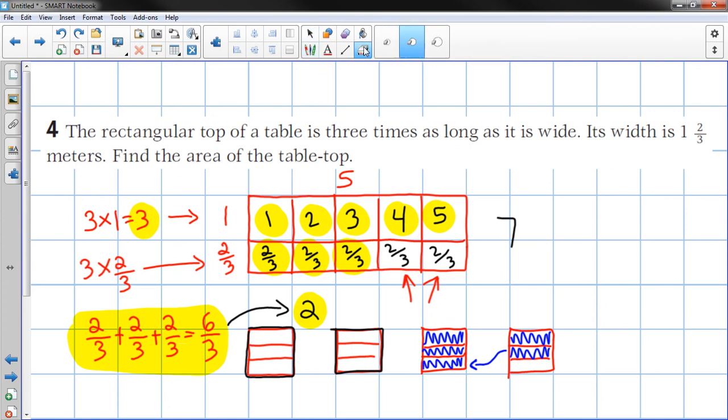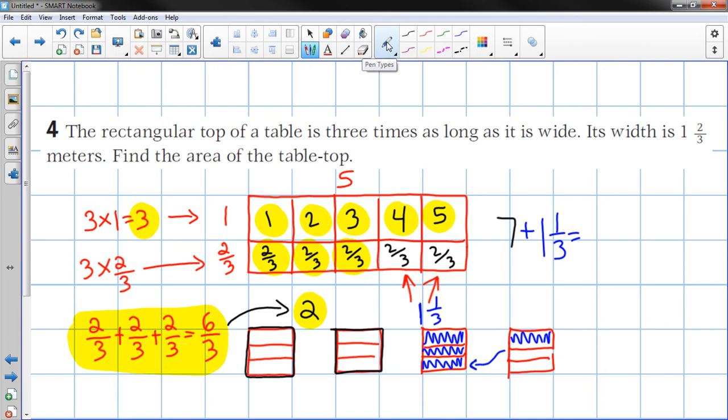And I could erase the one I moved and redraw it, and I'm left with 1 1/3. So it's 1 1/3. And I would add that to the 7. So it gives me a grand total. This one's pretty complicated, isn't it? 8 1/3. That's my answer.